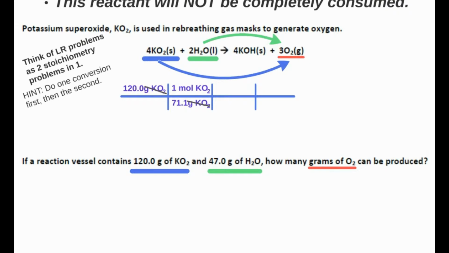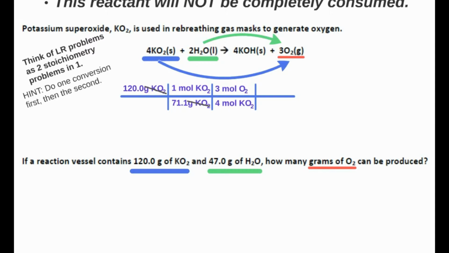So we're in moles of KO2. We now need to get from KO2 to oxygen. So KO2 is on the bottom with 4 moles. All right, so what's your ratio there? 4 to 3. Which one of these two goes on bottom? This goes on bottom, then this goes on top. So the moles cancel out.